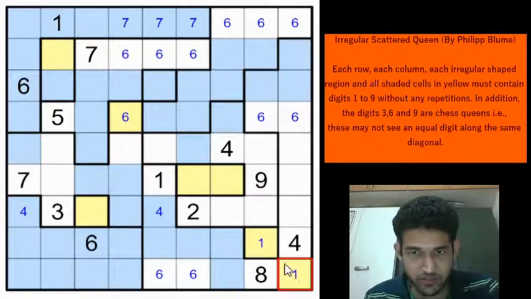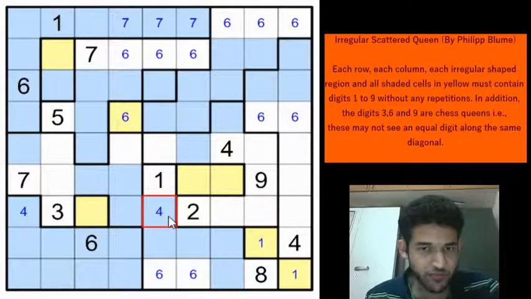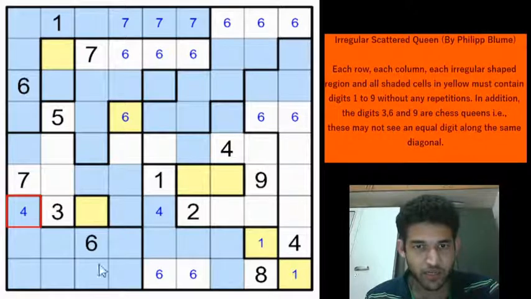Now we know that these 2 cells can't contain a 6, because we just proved that these 3 cells will be the same as these 3 cells. So if 6 is in one of these yellow cells, then 6 must either be here or here. But we have eliminated both the positions of 6 from there using the diagonal property and the column rule. So a 6 can't be in these cells.